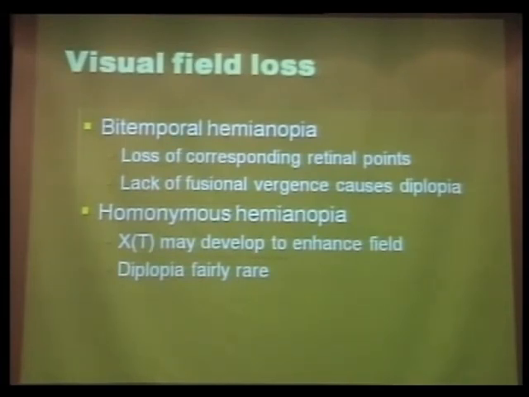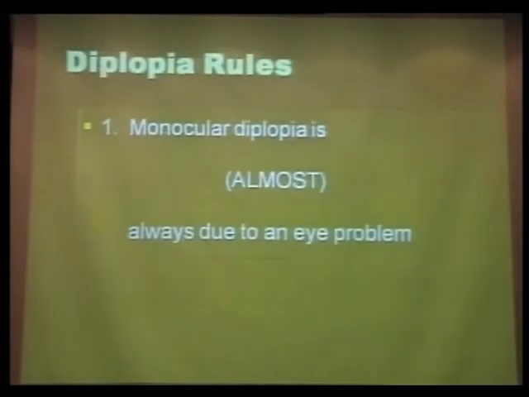Homonymous hemianopias in children can produce strabismus. They tend to develop an exotropia in order to maximize the remaining visual field that they have and improve their ambulation. Occasionally an astute patient will tell you that they can actually see double, but they prefer to do that so they can maximize their field.